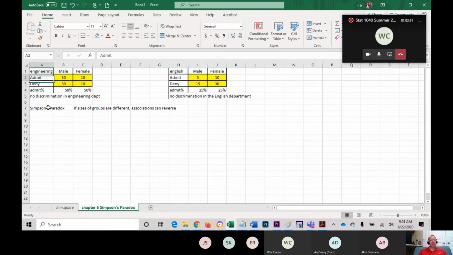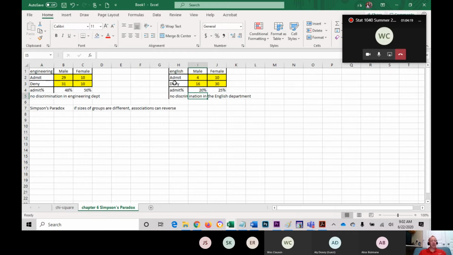In the case at Cal Berkeley, one of the things that they found was, let's change this to 29, let's change this to 31, okay? So now, 29 divided by 60 works out to be 48%. Now, in this case, it looks like the men are being discriminated against. And let's change this to 4 and 16. 4 divided by 20.